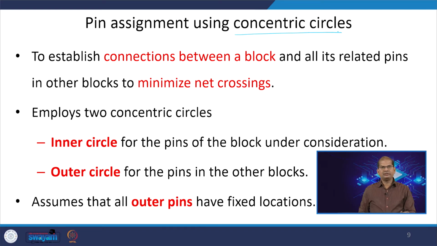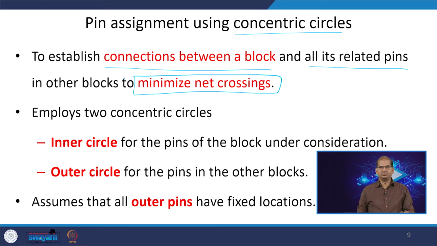This concentric circle is a very interesting concept of pin assignment. We need to establish a connection between a block and all its related pins. The main aim is to minimize the net crossing; the number of net crossings should be as minimum as possible. So, we employ two concentric circles.